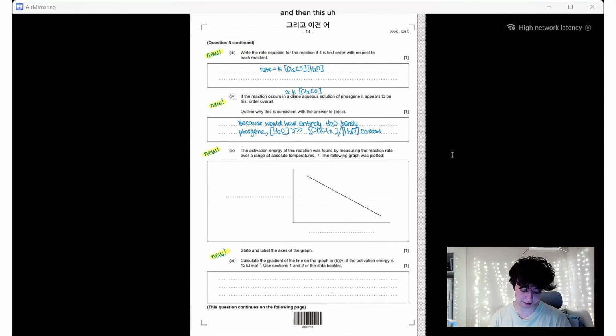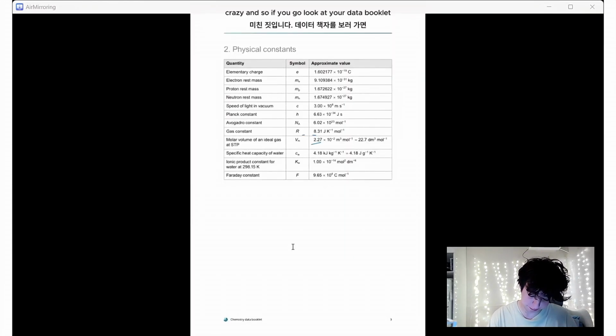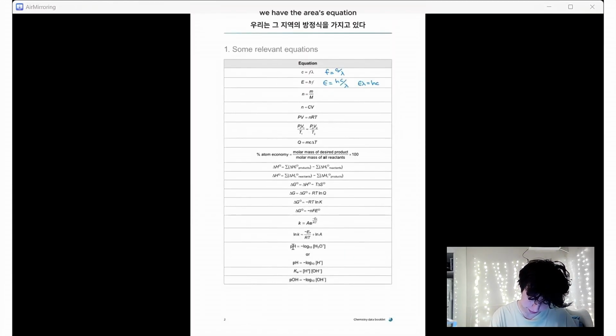And then this part 5 says the activation energy of this reaction was found by measuring the reaction rate over a range of absolute temperatures. The following graph was plotted. You should immediately start thinking Arrhenius equation. If you look at your data booklet, we have the Arrhenius equation, both the exponential form, but this is not an exponential graph.